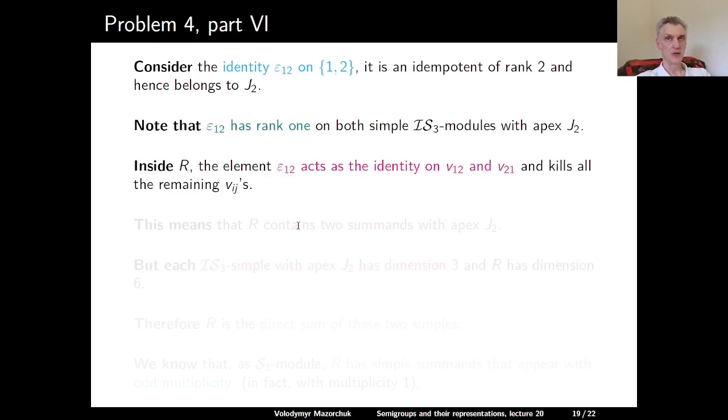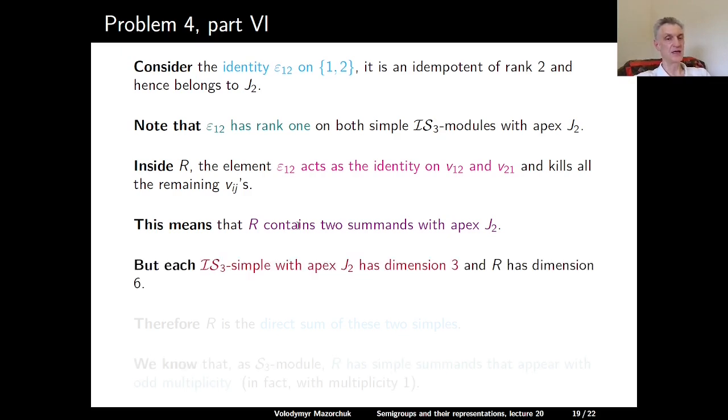Inside our regular orbit R, the element epsilon 1,2 acts as the identity on V12 and V21 and kills all the remaining Vij's. This means that our R must contain two summands with apex J sub 2. At the moment we don't know which ones.